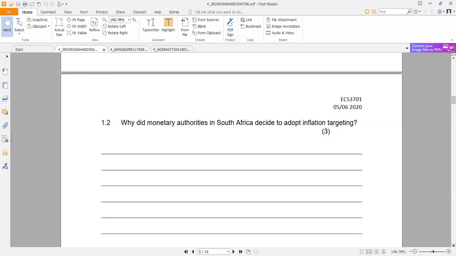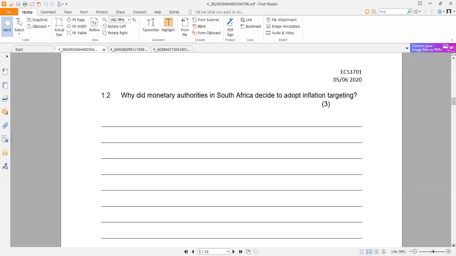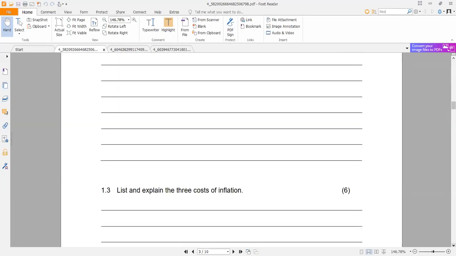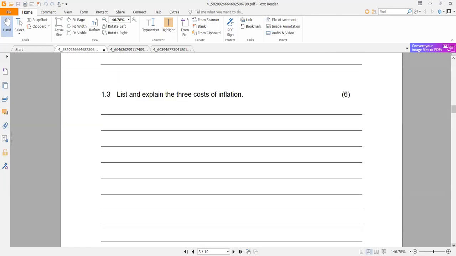Hence, the central bank didn't have control of price levels, yet it is their primary objective to maintain price stability. That is why they decided to have inflation targeting. Some of the questions repeat and repeat.